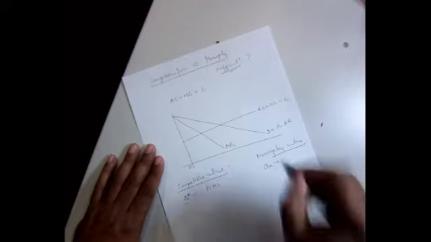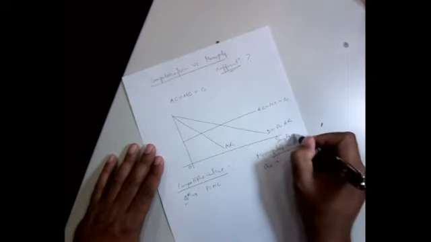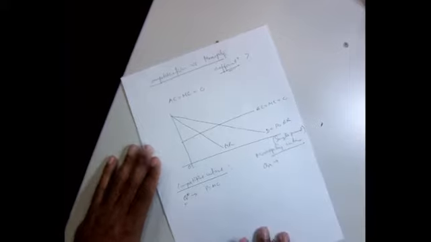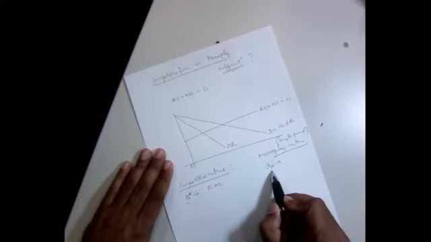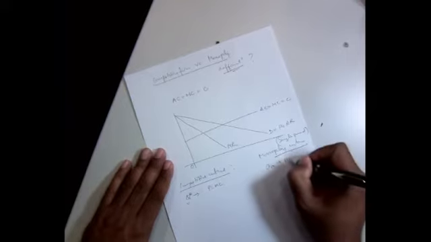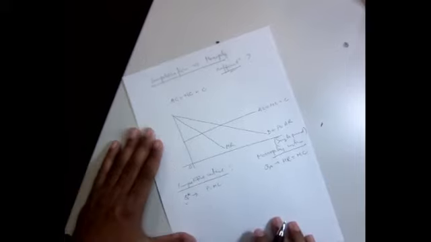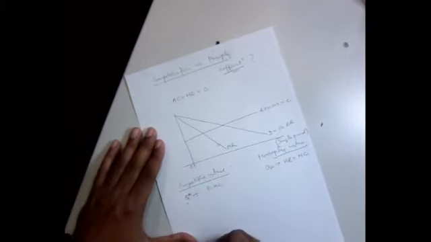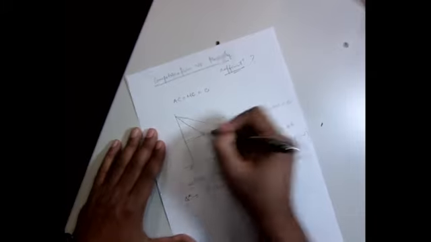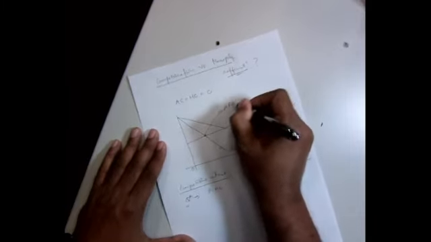Now this is a single price monopoly. What it means is this monopoly is not allowed to discriminate the price. So if it's a single price, how do I find the profit maximizing output level? That will be marginal revenue equal to marginal cost. So find out where MR equals MC. So this is MR, this is MC, so this is the point where MR equals MC.